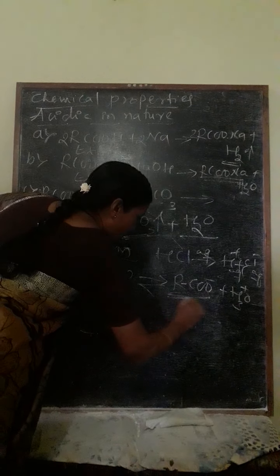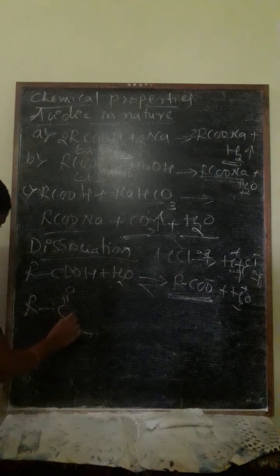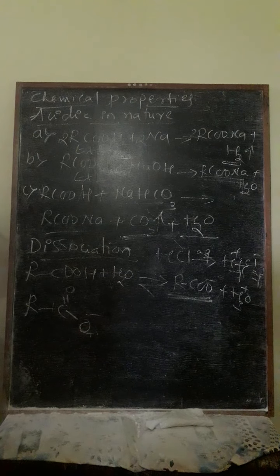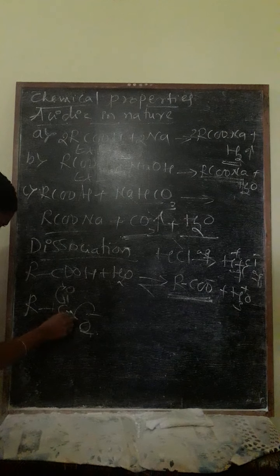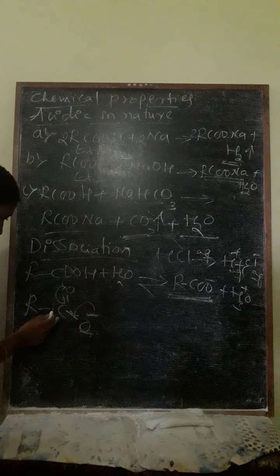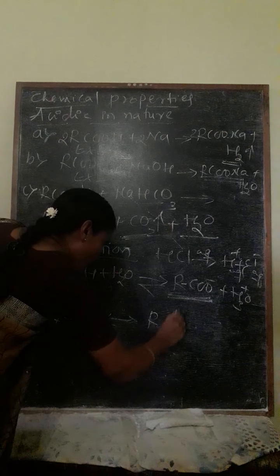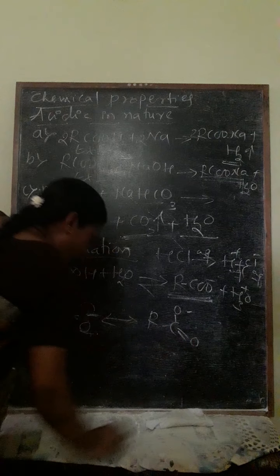So how is this stabilized? Already we have discussed in the structure, this is CO minus. Definitely oxygen is more electronegative than carbon. It takes the electrons and it becomes plus. These electrons are shifted to carbon because it is a carbocation. Now it becomes CO minus and this is a double bond.